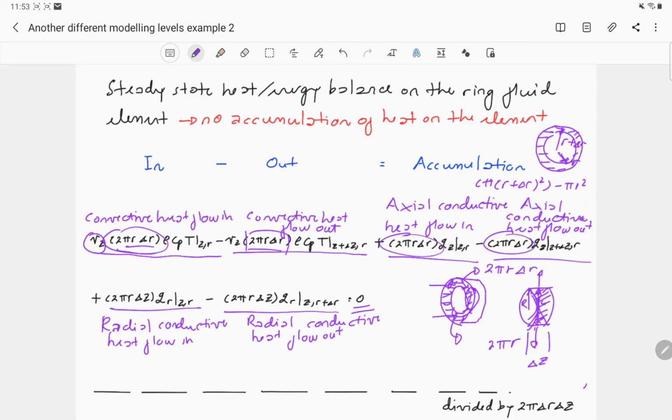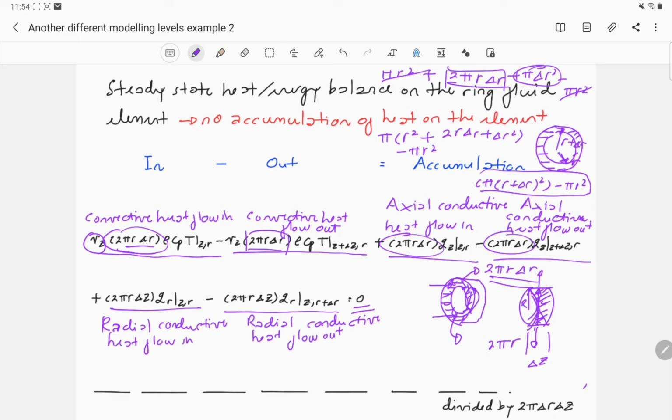Okay, so if you do this correctly, that will be pi times r squared plus 2 r delta r plus delta r squared, minus pi r squared. So you will have pi r squared plus 2 pi r delta r plus pi delta r squared minus pi r squared. So this one will be cancelled with this one, and then this term here can be neglected with respect to this one. That's why you have this 2 pi r delta r.